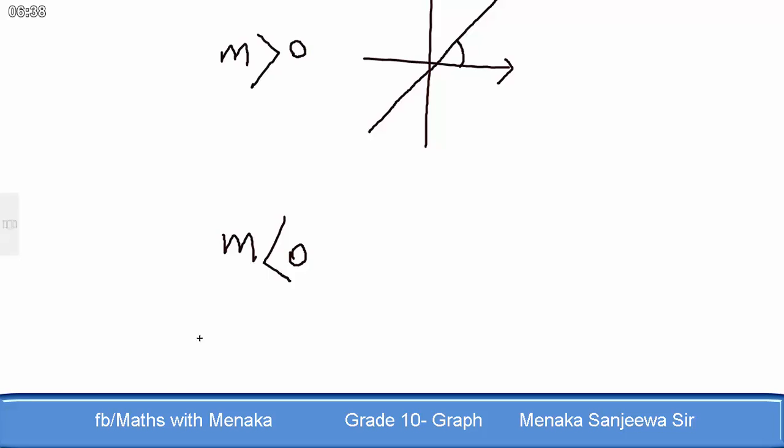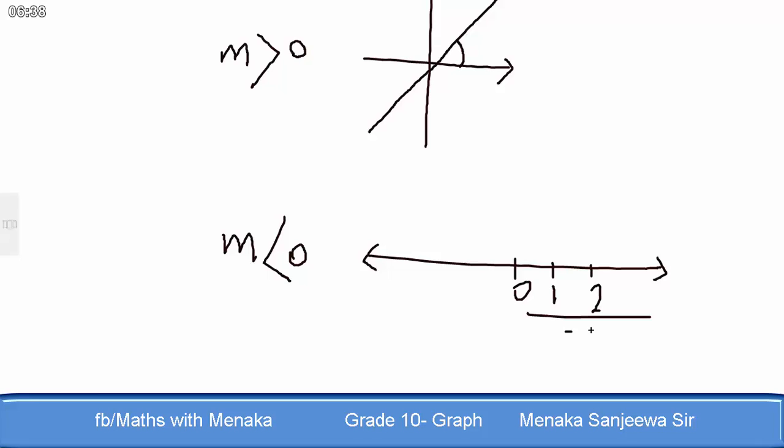Can you understand why we are writing these two for positive numbers and negative numbers? Because when you draw the number line, 0, numbers greater than 0 are positive numbers. Numbers less than 0 are negative numbers.